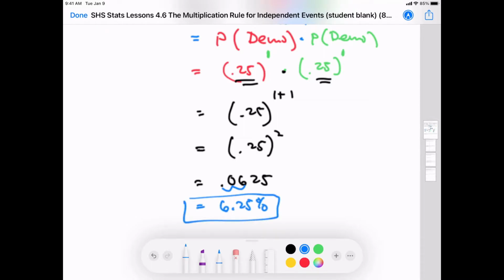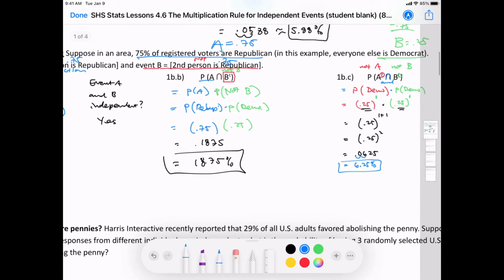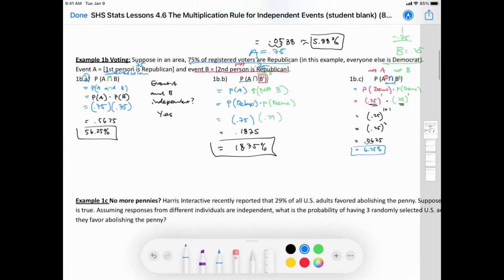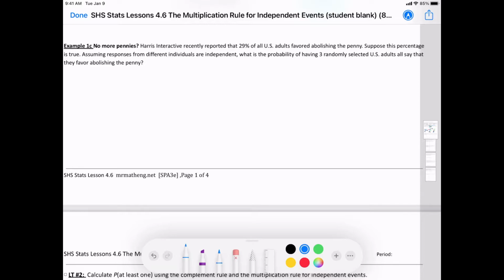There's a 6.25% chance that you get not A, which is a Democrat, and not event B, which is another Democrat. So Democrat and Democrat, that would be 6.25%. These are independent events. Okay, go ahead and try example 1C, and when you're ready, press play.